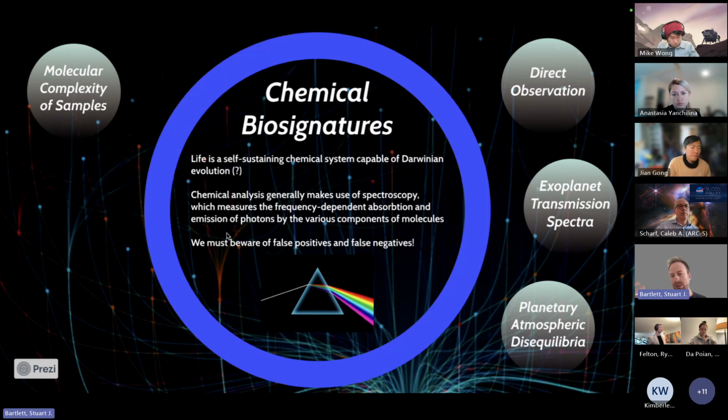So these are things that we just have to live with, and we have to understand and quantify, and use a plethora of techniques to try and mitigate them. The false positives or false negatives of one technique could potentially be compensated for by deploying other techniques. So as Mike discussed, when we finally claim to have discovered life, it'll probably be from a multitude of techniques rather than just a single one.